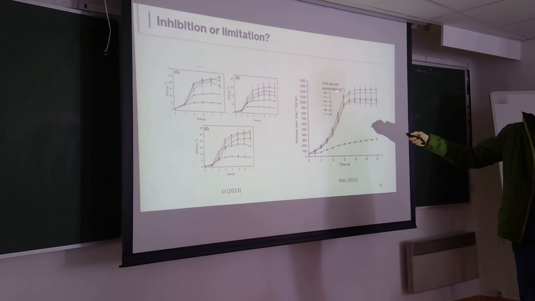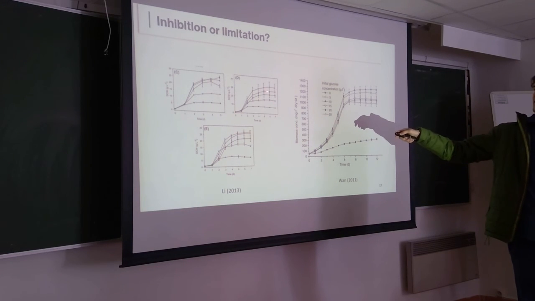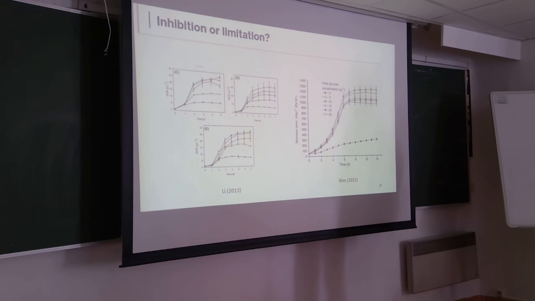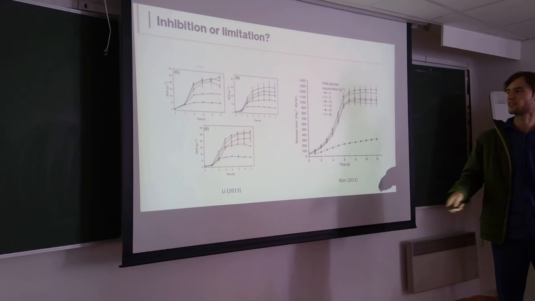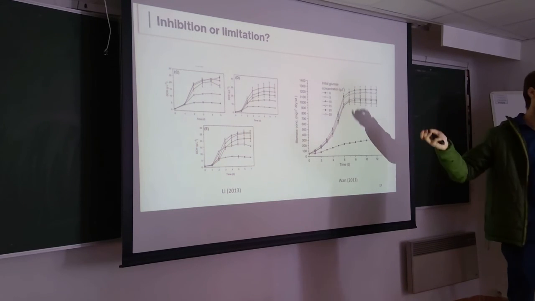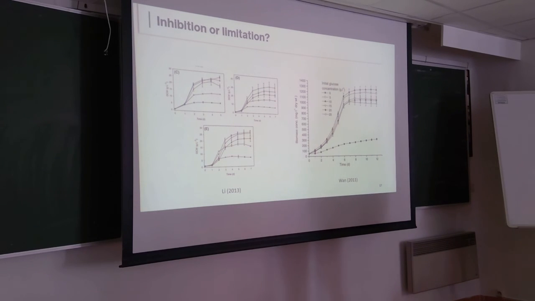But while in this experiment we could say that 10 grams per liter is the optimal glucose concentration, here we have an experiment at 80 grams per liter of glucose, and with this concentration we have the best productivity. And also here, this is a fixed glucose concentration, using different nitrogen concentrations.